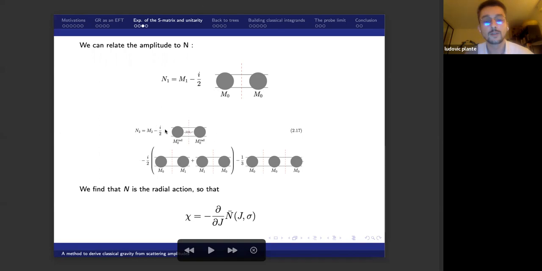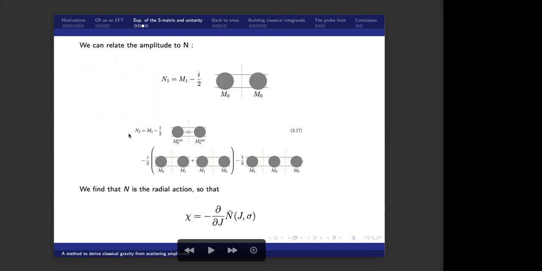When you do that, you generate an imaginary piece that cancels the divergent 1 over epsilon radiation reaction imaginary piece in M2. So at the end, we check that doing that.